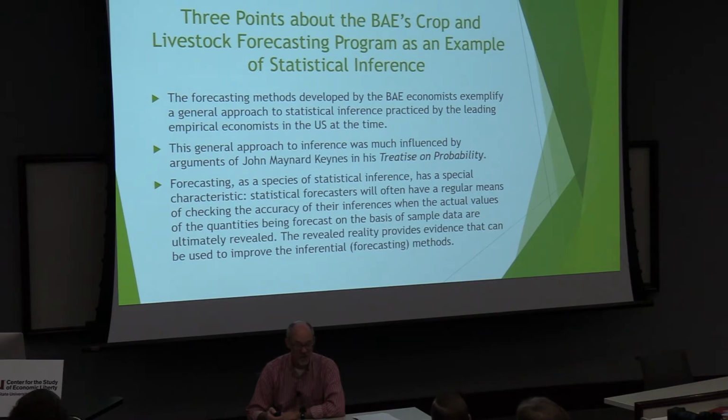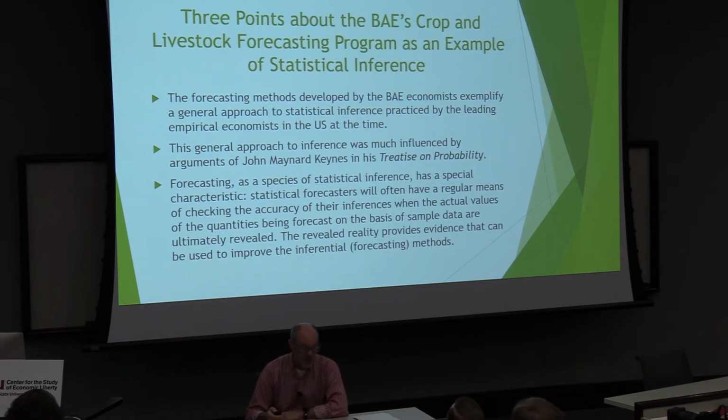Second, I argue that this general approach to inference was much influenced by arguments in John Maynard Keynes' treatise on probability. And third, I note that although inferential procedures employed in making crop and livestock forecasts reflect these general principles of inference, we should also expect them to reflect a special characteristic of forecasting as a species of statistical inference.